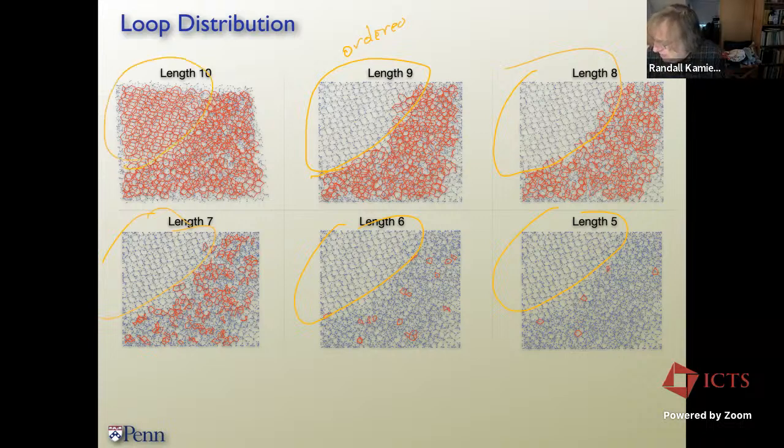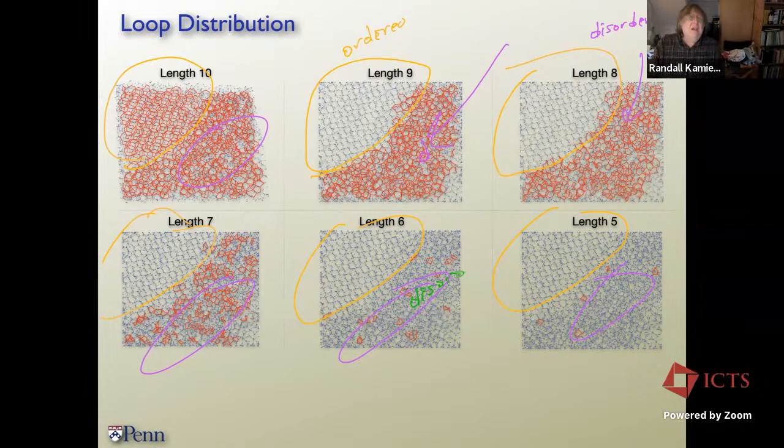In the disordered region, here and here and here and here and here and here, you get loops of all sorts of lengths. So you can see that something is happening.